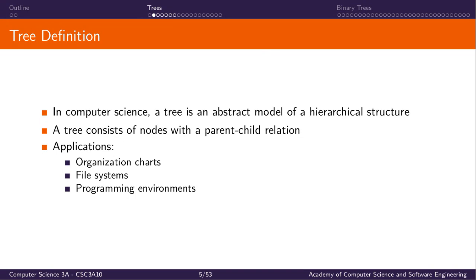So you have some executives at the top, then some middle management, then the frontline workers at the bottom. You have this organization, then departments within that, then perhaps some sub-departments, then employees with a top-down system of control, right? So it could be used to represent something like that. It really can be used to represent anything that has a hierarchical structure. So an organization is one example of that.